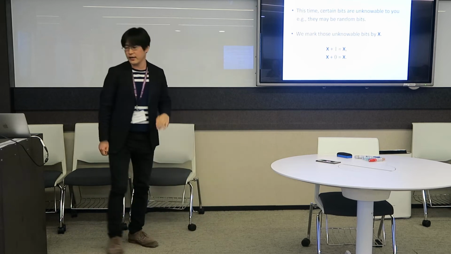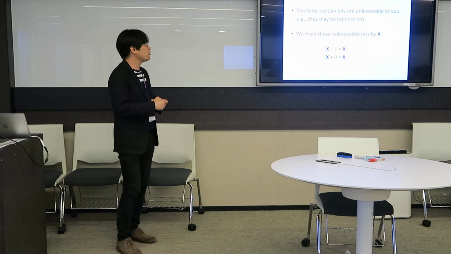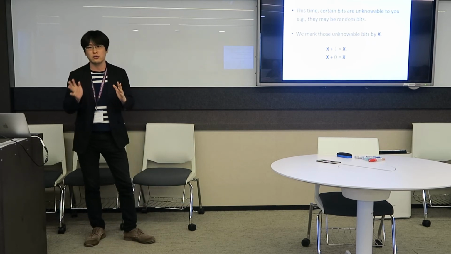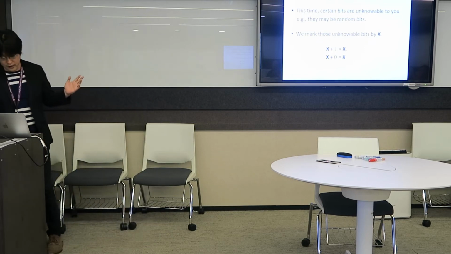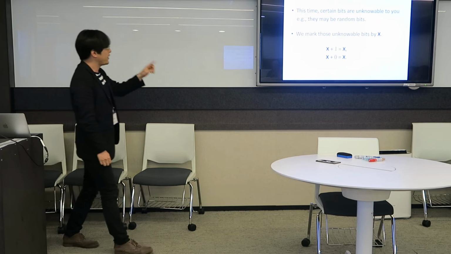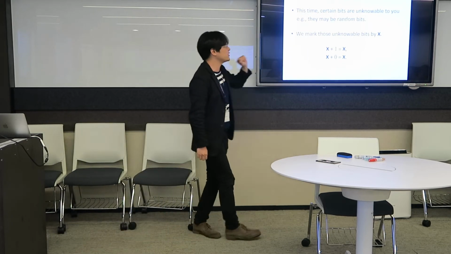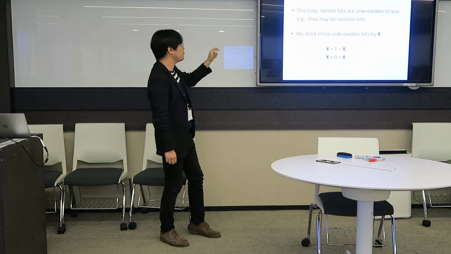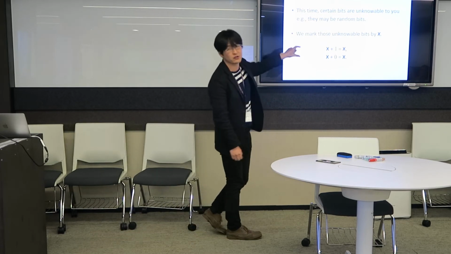They could be just random bits, or they could be not random, but you don't know anything about them. So we just mark them by X. And X is not a variable. It is just a symbol which represents that you have no information here.